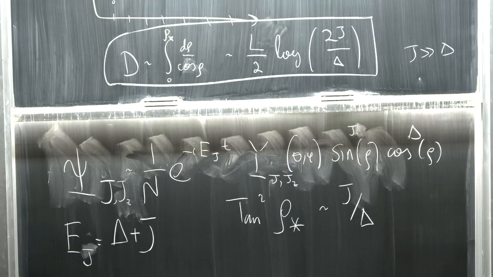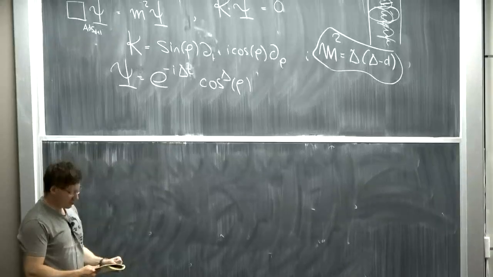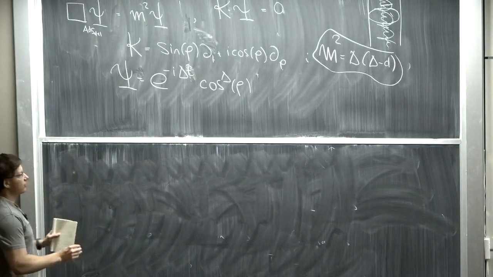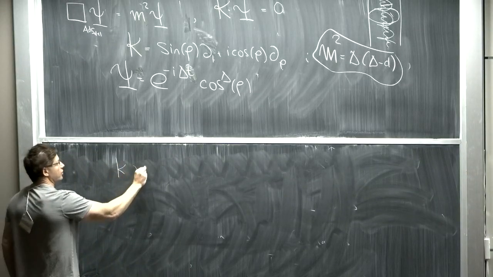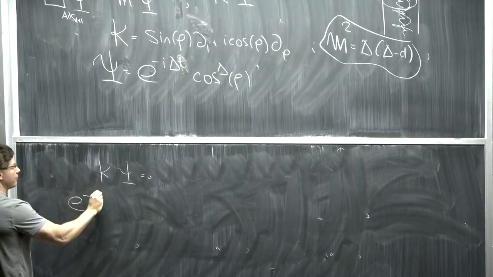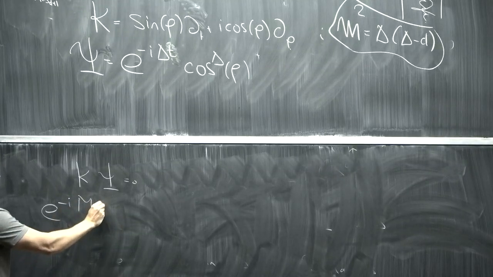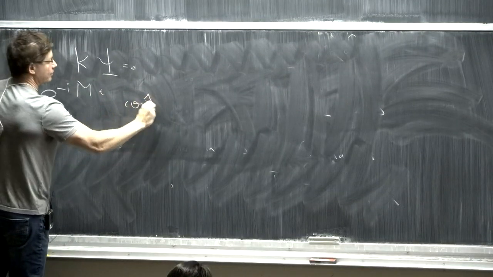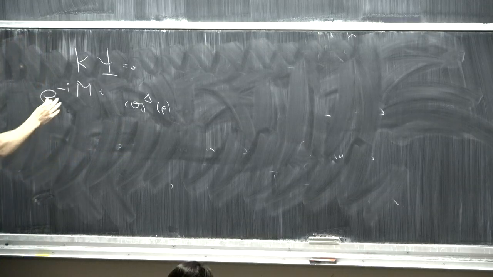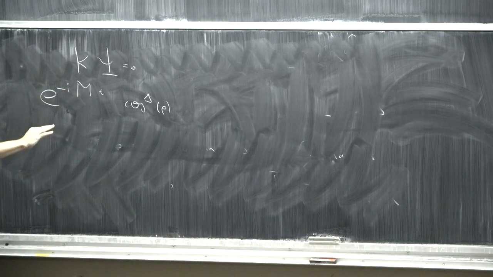Quick question. So back when we were solving for the original wave function of just the K psi equals 0, how did the deltas pop out in that calculation? Oh, so the question is, how did the delta appear? So all I did is to solve for a wave function in AdS. I didn't say what delta is. And the solution looked like something that oscillates. You can call it m, whatever, times cosine. But then I said we have a dictionary between representations in CFT and representations in AdS.